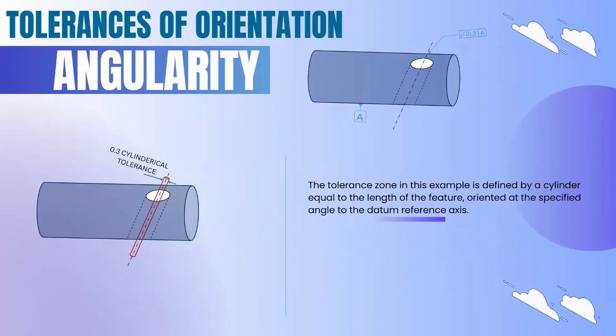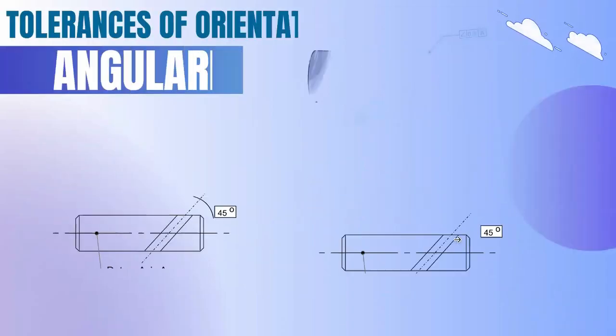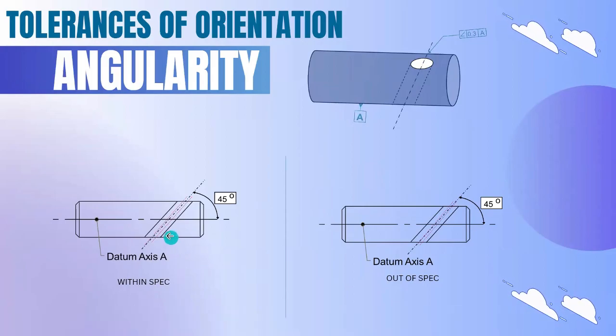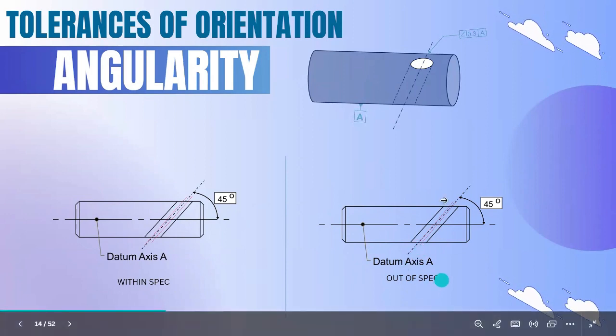So the zone will be oriented 45 degrees with respect to the datum axis. And then this angular deviation must lie within this zone. You can see in the left side picture, the whole axis is lying within this zone. On the right side, it went outside the zone, so it is out of spec.